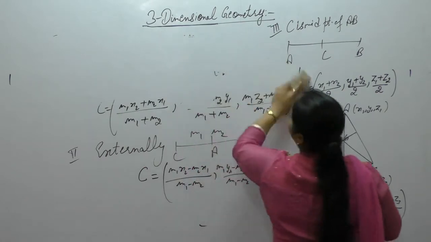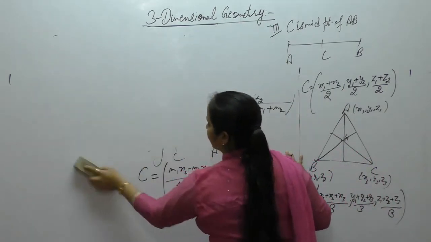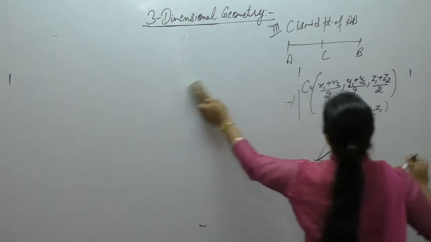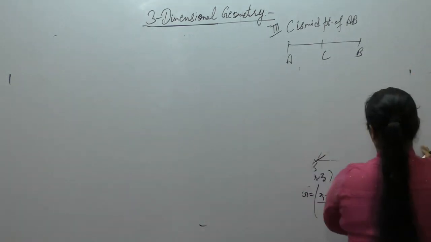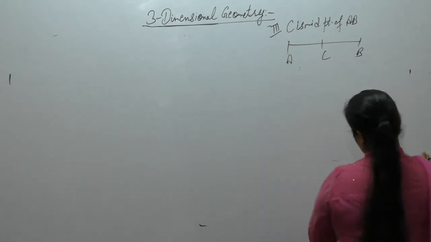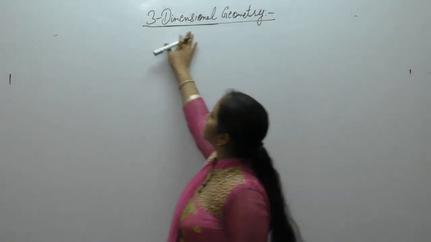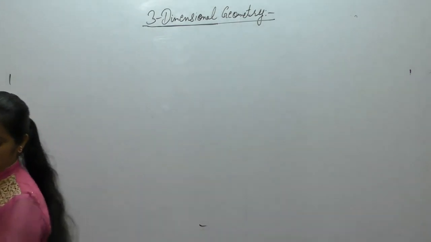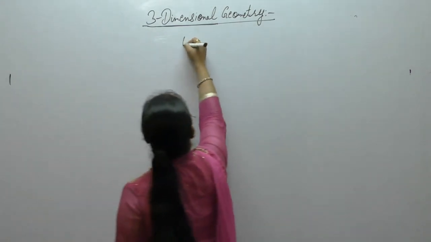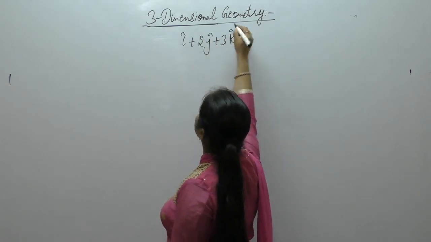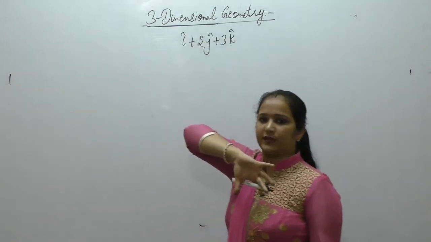Now let us talk about the direction cosines and the direction ratios. So these are the general formulas which we will use in solving the questions. Now next I have position vector. Suppose i plus 2j plus 3k is the position vector of any point.